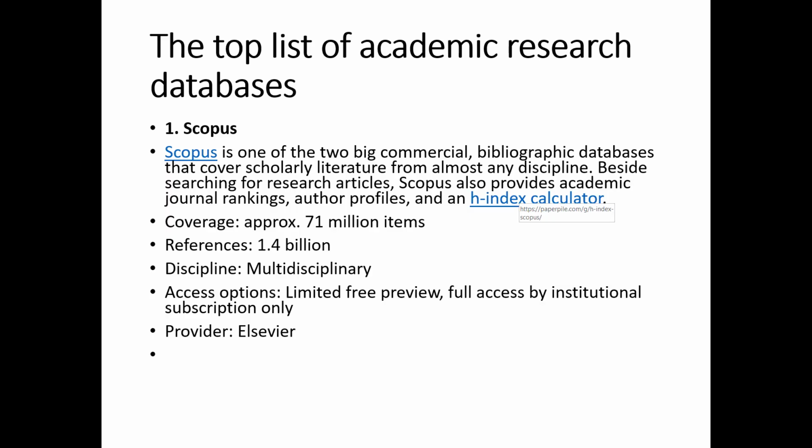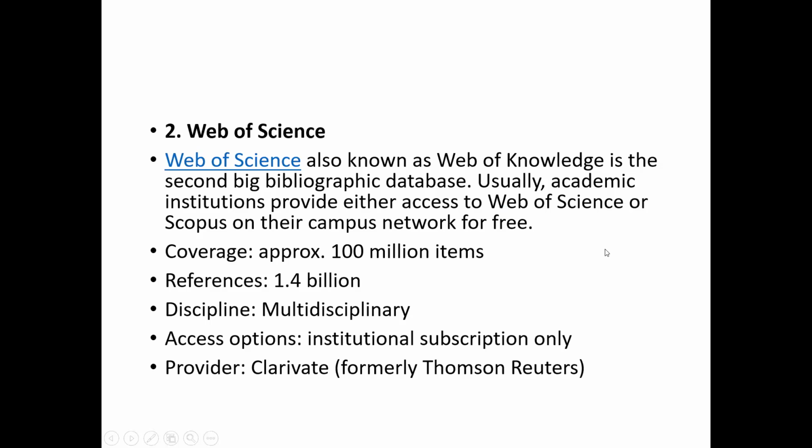So Elsevier is a well-reputed publisher. So there is another database source we call Web of Science. The Web of Science, also known as Web of Knowledge, is the second big bibliographic database. Usually, academic institutions provide access to either Web of Science or Scopus on their campus network for free.